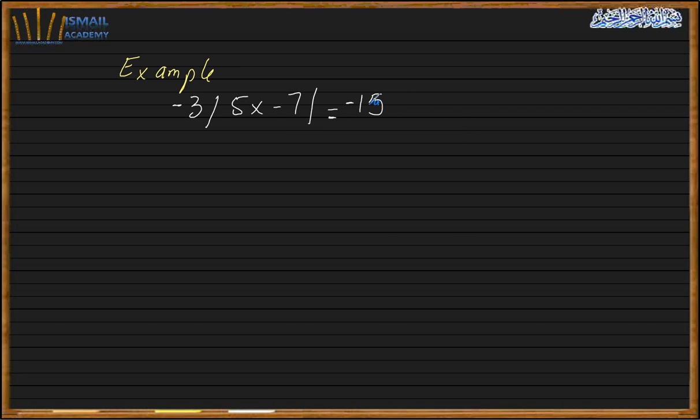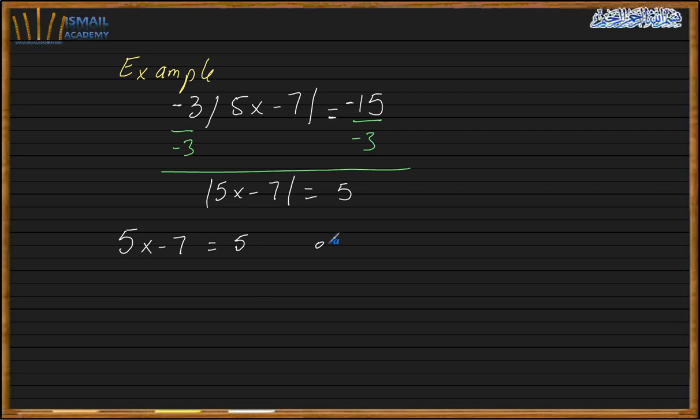No. First thing, let me divide and isolate absolute value. So I got absolute value of 5x minus 7 equal 5. You see, absolute value equal a positive number. Then what I do, 5x minus 7 is equal to 5, or 5x minus 7 equal to negative 5.